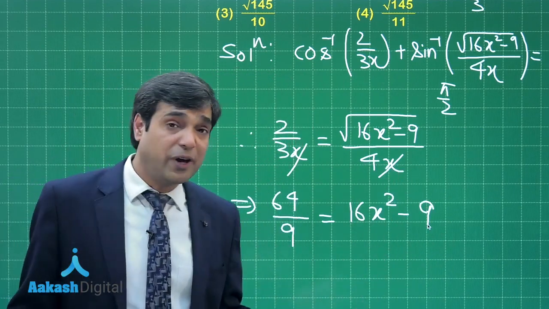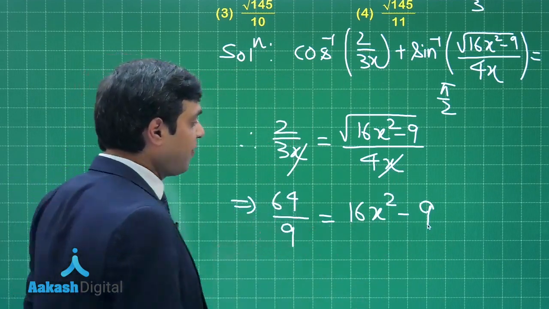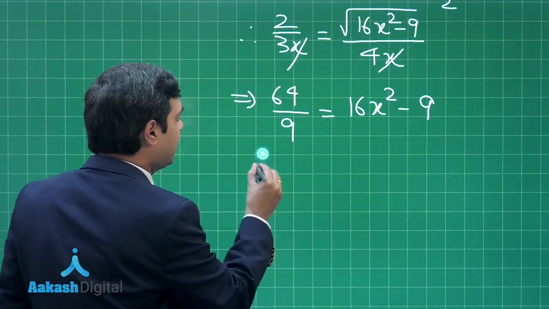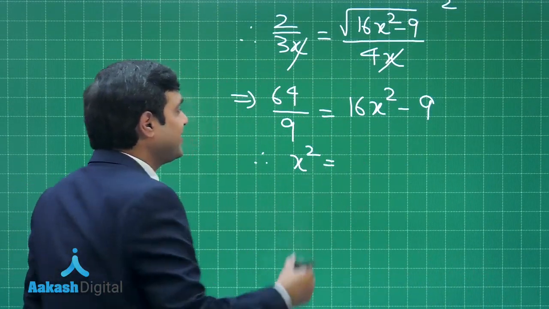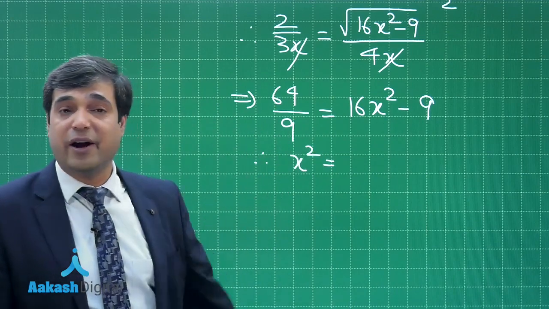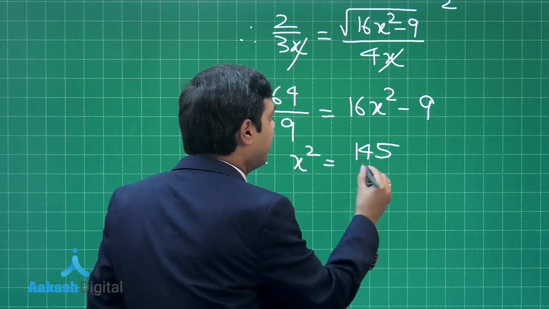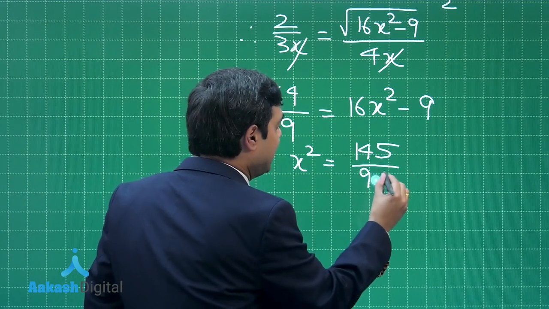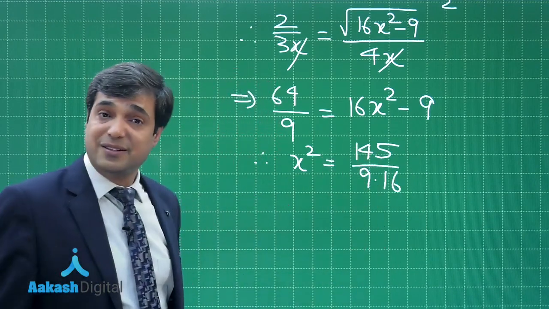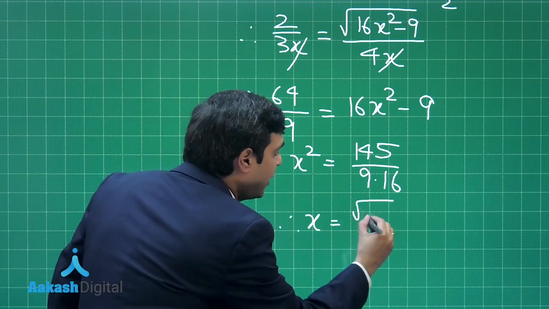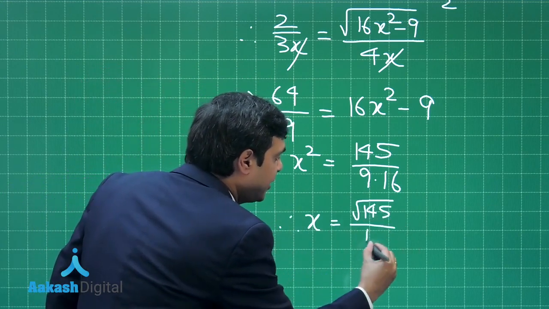So, this is clear how we are getting it. Okay. Now, simplifying and getting the value of x here, we can write x square equals 64 by 9 plus 9 whole divided by 16, that is simply 145 divided by 9 into 16. This is clear. So, from here we have the value for x as square root of 145 divided by 12.